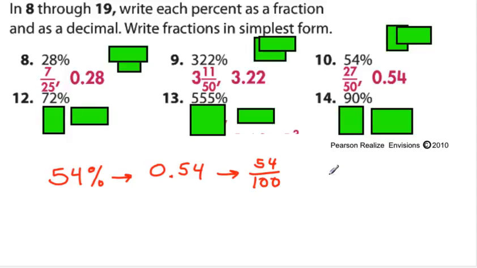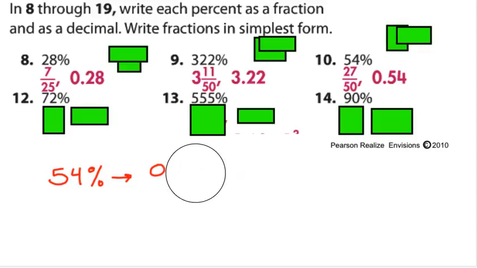Then we divide both of those by the greatest common factor of 2, and we would get 27 and 50. So we would have 27/50, and that's how they came up with 27/50. All right?